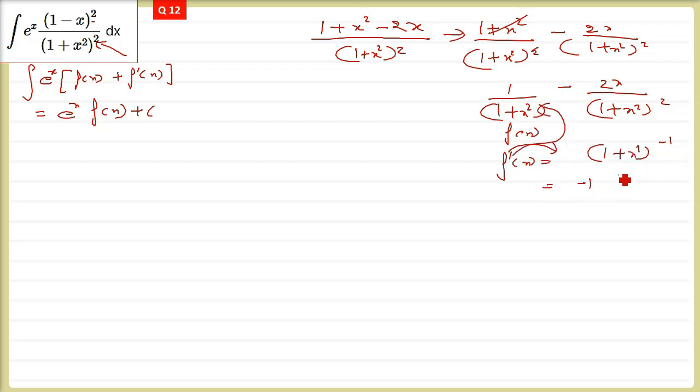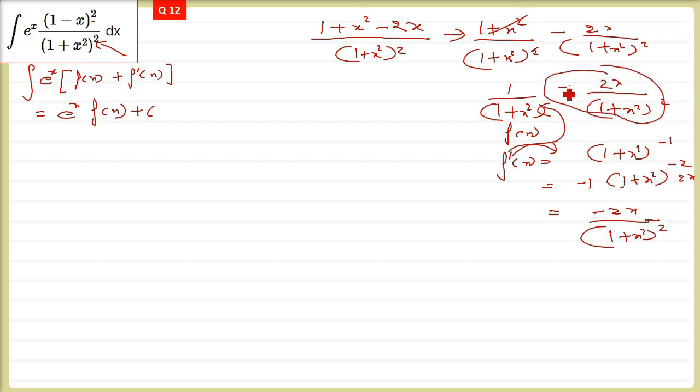So it will be negative 1, 1 plus x square to the power negative 1 minus 1, that is negative 2, which we bring to the denominator. One more thing, 1 plus x square has to be differentiated again, that is 2x. So negative 2x divided by 1 plus x square whole square. This has come as the differentiation of the first function, which is 1 by 1 plus x square. This is f(x), this is f'(x).